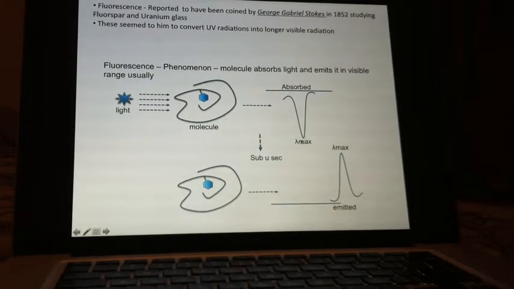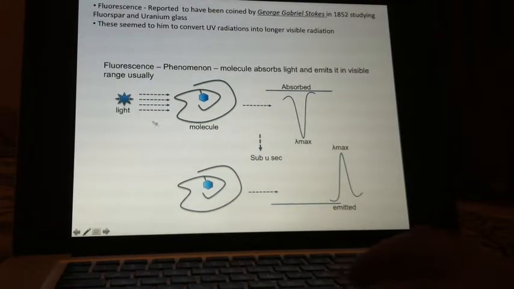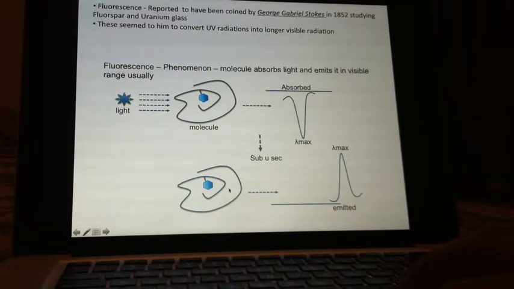Now, if we have a condition where we are able to completely take out the incident light, and monitor the emitted light from this molecule, we will see that it emits fluorescence at a wavelength higher than the wavelength where it absorbed, and consequently this will be of lower energy than where it absorbed.